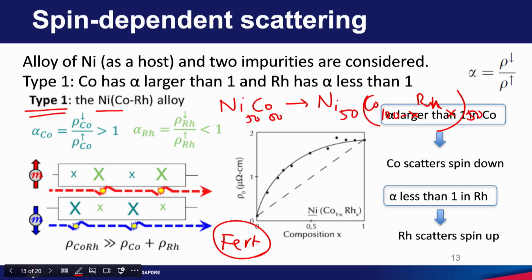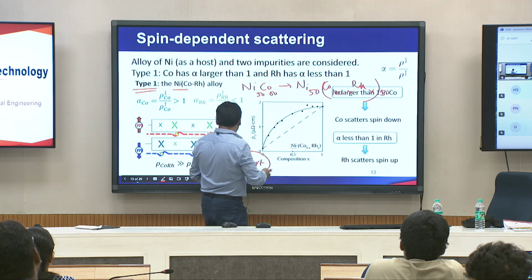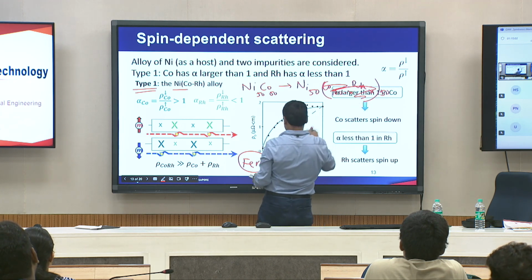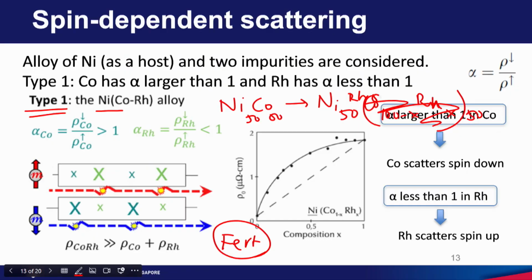They start with a nickel cobalt alloy, then slowly they replace every cobalt atom with a rhodium atom. Eventually, they will go to nickel rhodium 50. So, they are changing the composition and slowly moving to nickel rhodium 50.